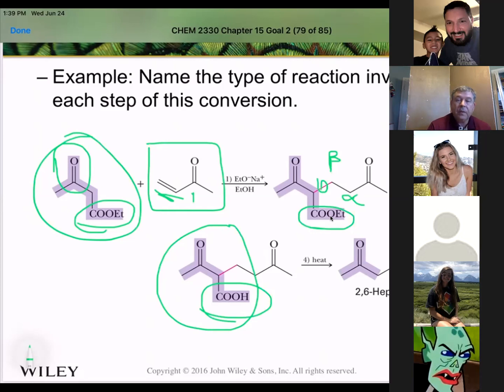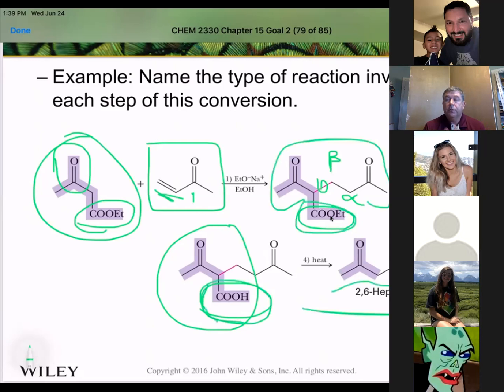Okay, so to summarize, we have the aldol condensation, which always involves aldehydes and ketones. We have the cross aldol condensation, where it always involves aldehydes and ketones, but one of the substrates has no alpha hydrogens. We have the Claisen reaction. That involves esters, okay?